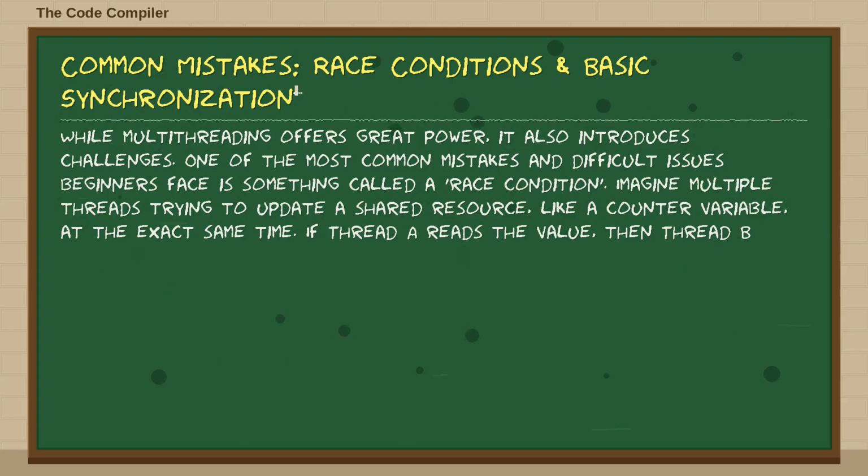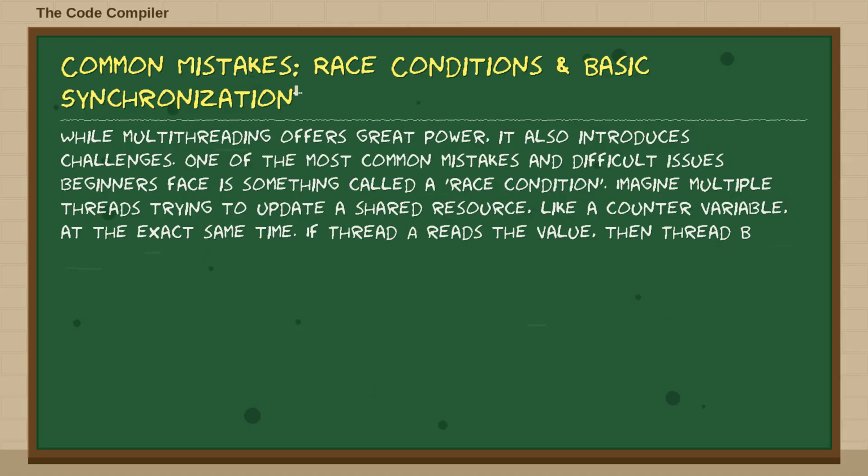To prevent race conditions and ensure data integrity, we use synchronization mechanisms. The simplest way in Java is the synchronized keyword. When you mark a method or a block of code as synchronized, only one thread can execute that method or block at any given time.